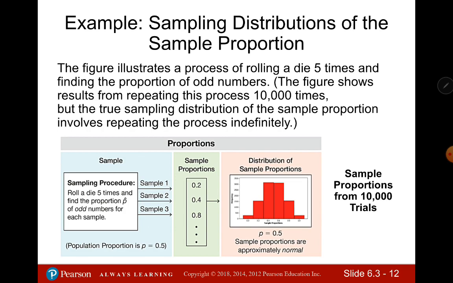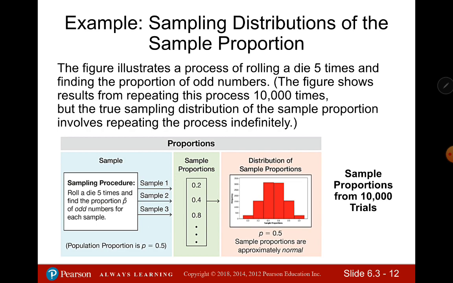This is our first sample. We record the result. For example, we have 1, 2, 2, 4, 6. Then we find the proportion of odd numbers. In sample one, we got 1, 2, 2, 4, 6, so we only have 1 odd number out of 5 numbers, right? So the proportion will be 0.2.